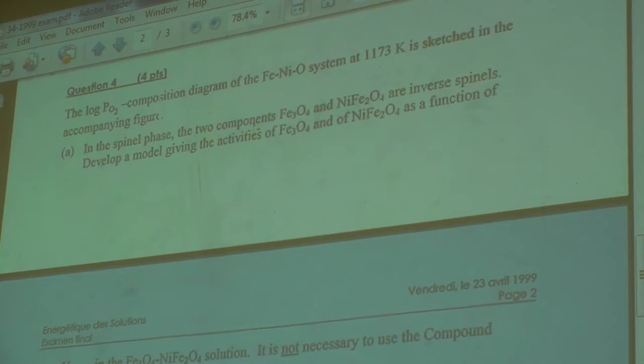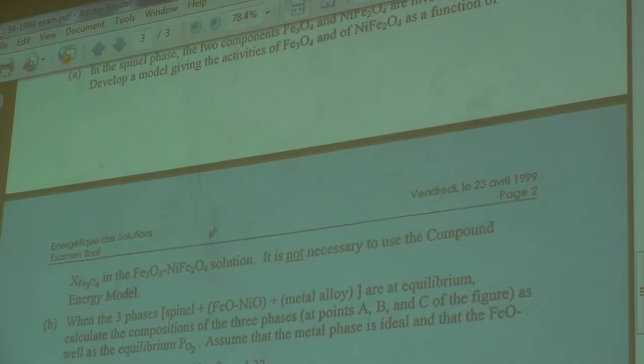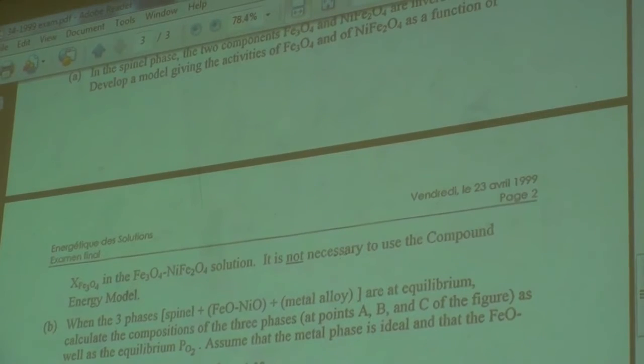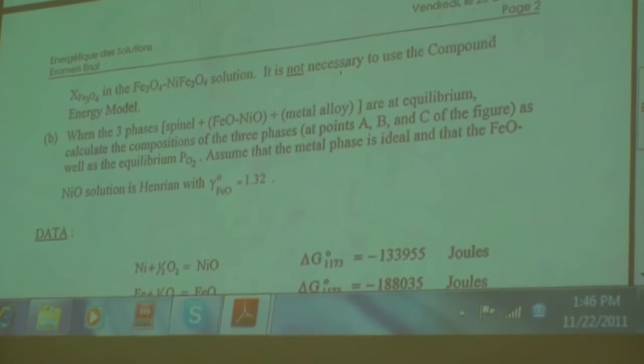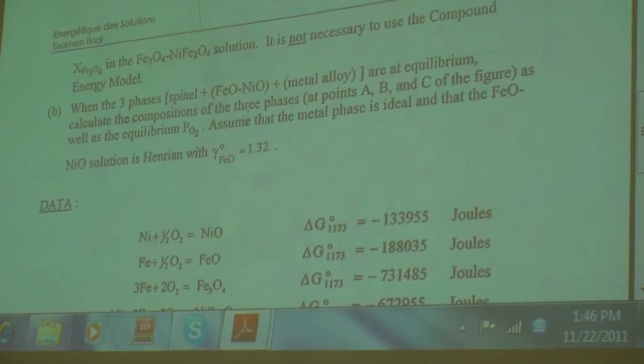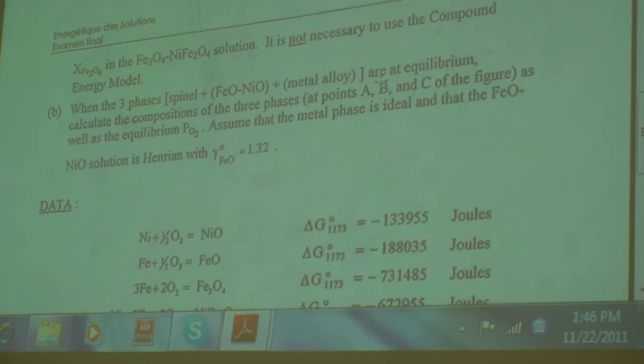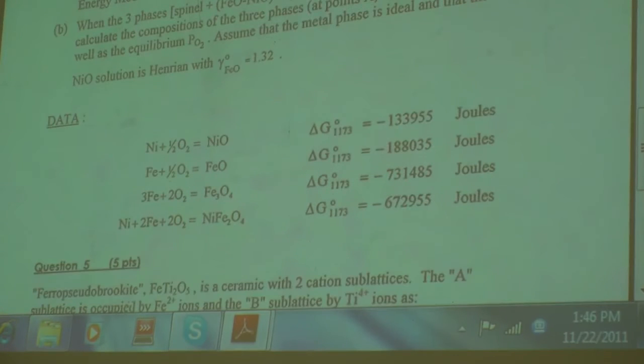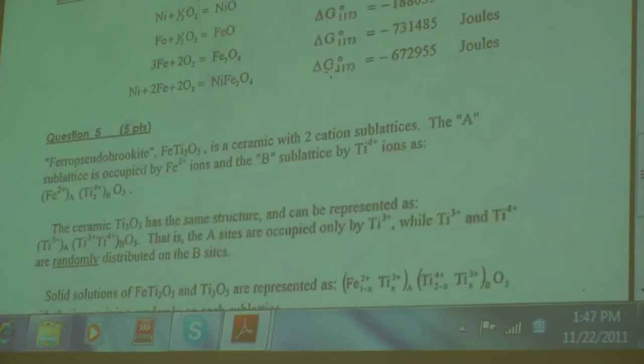Develop a model giving the activities of both of them as functions of the overall composition in that solution. And I said you don't have to use the compound energy model, let's just look at even a simpler model. And we can do part B when the 3 phases, spinel, monoxide solution, and metal alloy are at equilibrium. Calculate the compositions of the 3 phases.